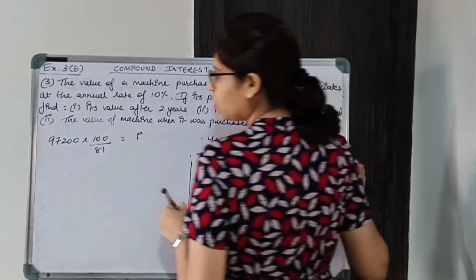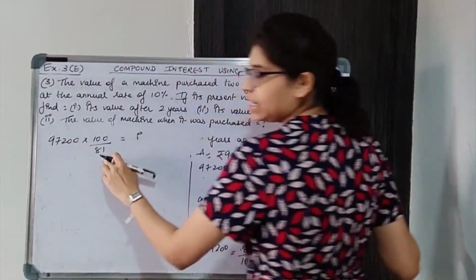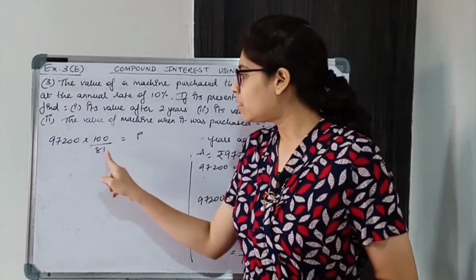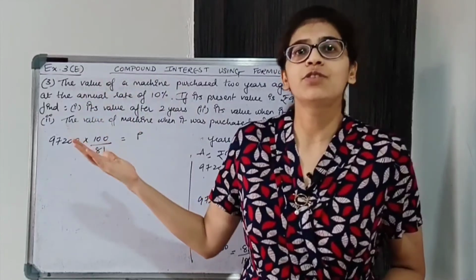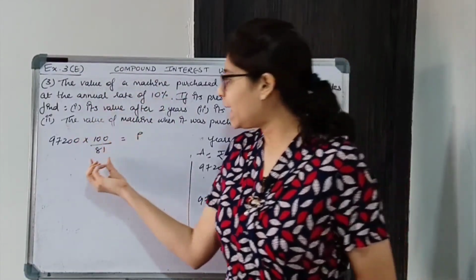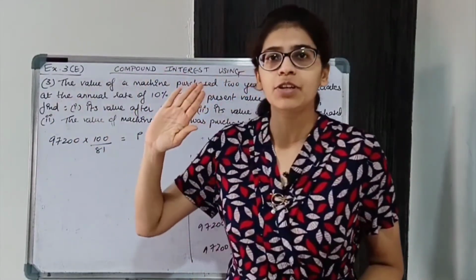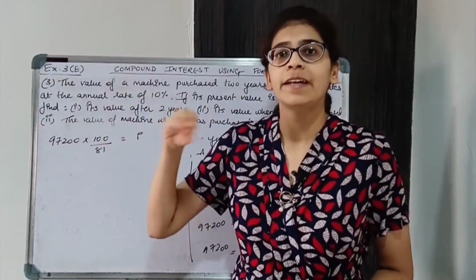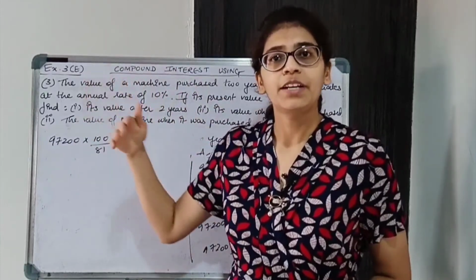Now 972 and 81. Over here at the end there is 2 and here it is 1. 1 into how much gives you 2? 1 into 2. So 81 into 2 will definitely not give you 972. So try out the next number which ends with 2: 12, 22, 32.